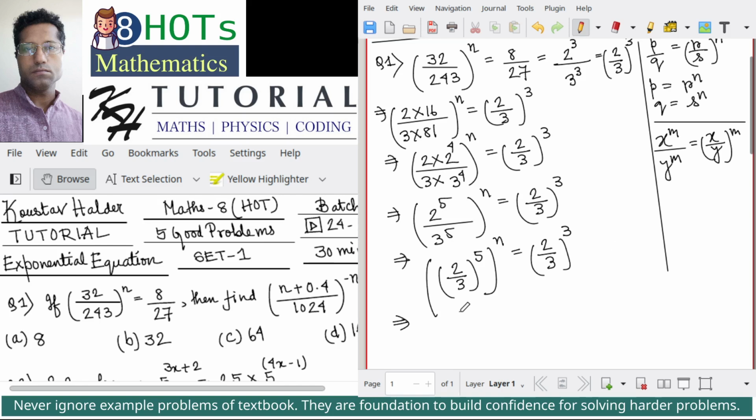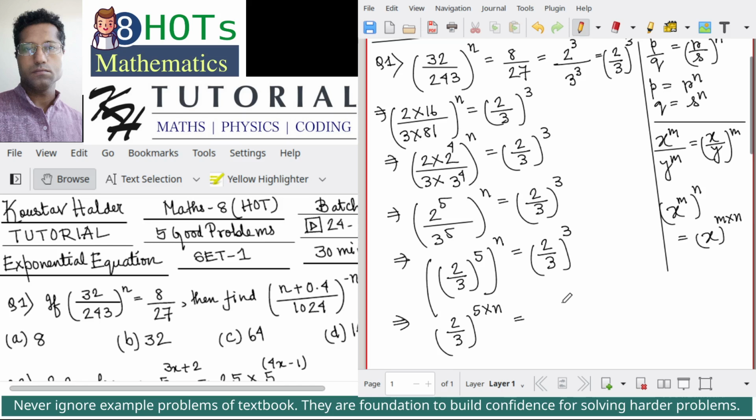Okay, now 2 by 3 raised to the power 5, this whole raised to the power n is 2 by 3 whole raised to the power, the powers get multiplied when there is a power of power. So x to the power m, this whole raised to the power n is equal to x to the power, the powers get multiplied, that is m into n.